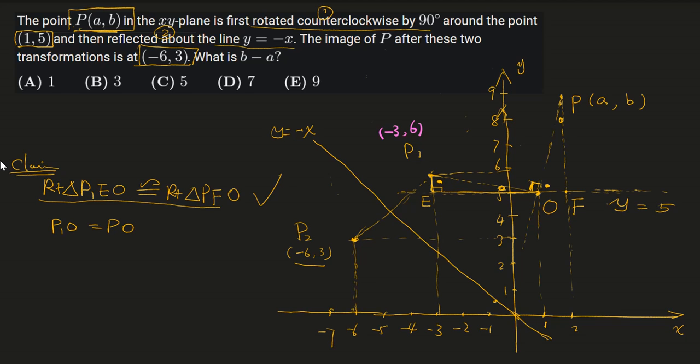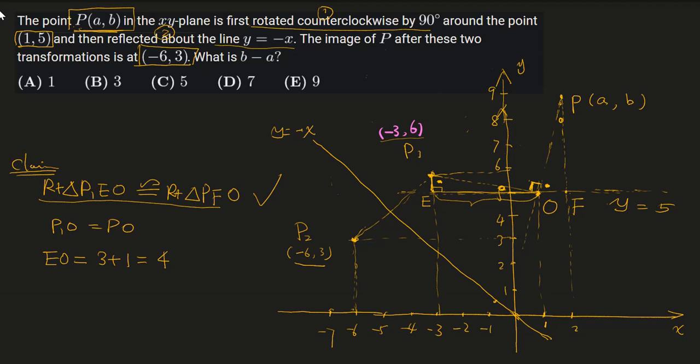And why is that helpful to us? Here's the deal. Since we know the coordinates of P1, which is -3 and 6, then we know this length, the segment EO, just equals the absolute value of the x-coordinate of P1, which is 3, plus 1, which is the x-coordinate of the point O, and that equals 4.